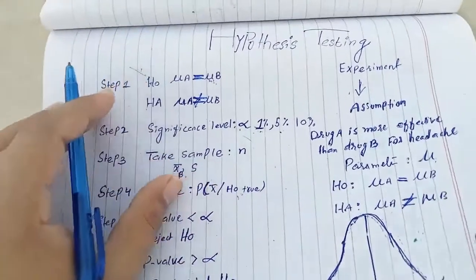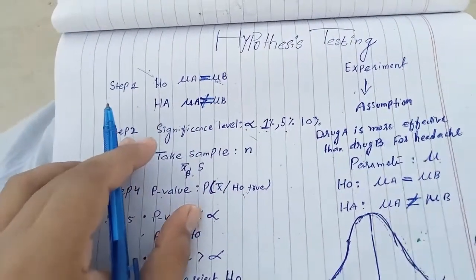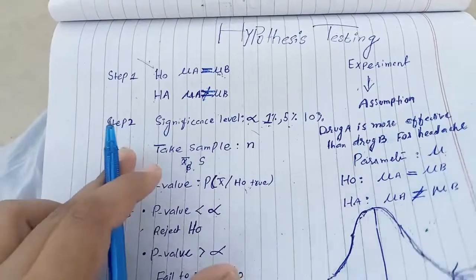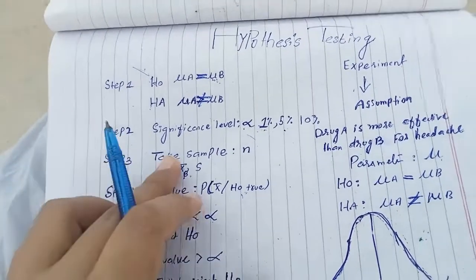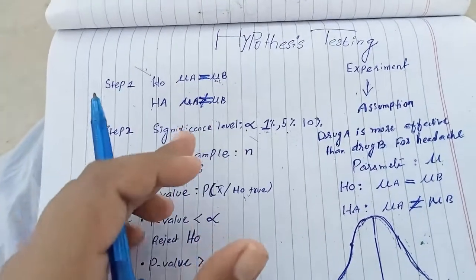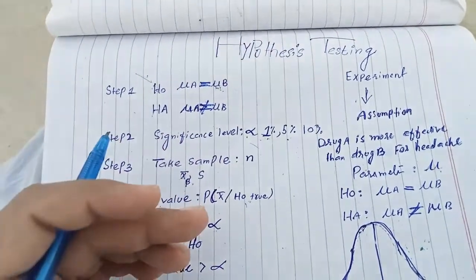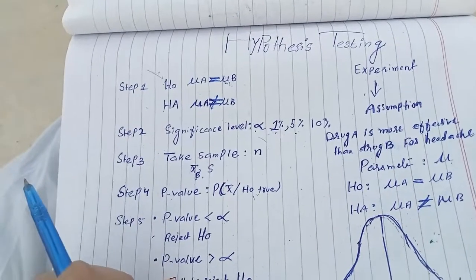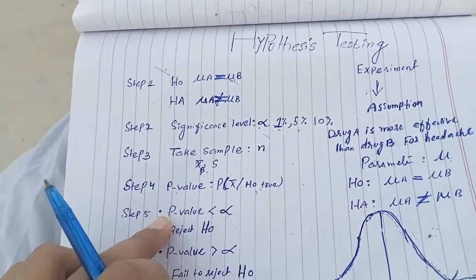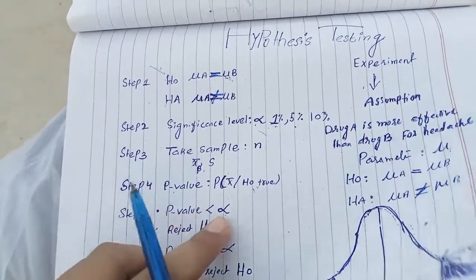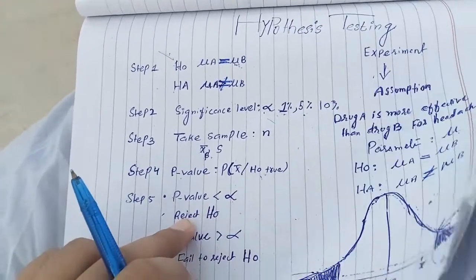So these are the steps. We first state the null hypothesis. We set the significance level, because hypothesis testing is always done on a sample. We take samples. They can be 1,000, 100, whatever. We take a sample from the population, and we calculate the p-value. After calculating the p-value, if we see that the p-value is less than alpha, we will reject the null hypothesis.